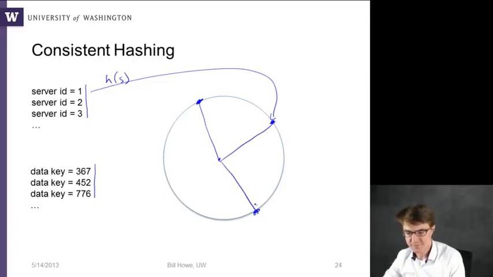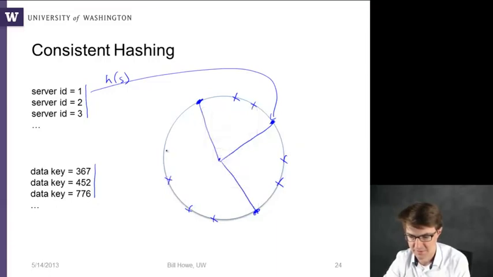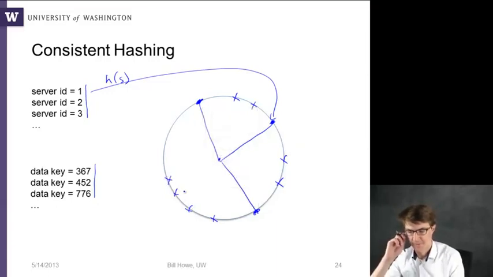Okay. And now each key that comes around, I also map it into this circle. So this gets key 1, and this gets key 2, key 3, key 4, key 5, key 6, key 7, and so on. Okay.